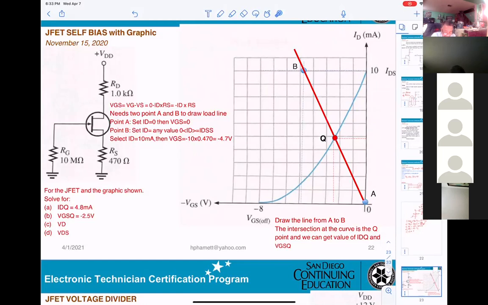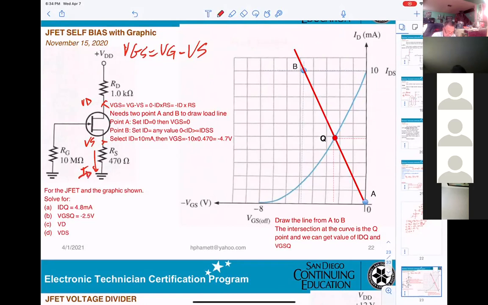Now, what does VGS equal? VG minus VS. Okay, and VS, now you can see this is the VS right here. This is VD. So the current flowing here is ID. IS or ID, same thing.